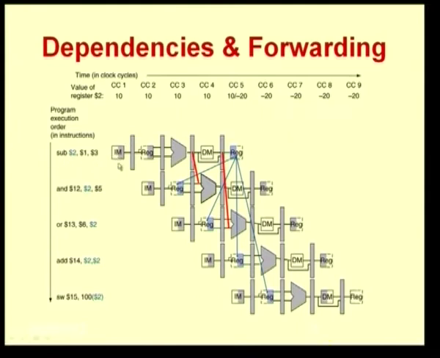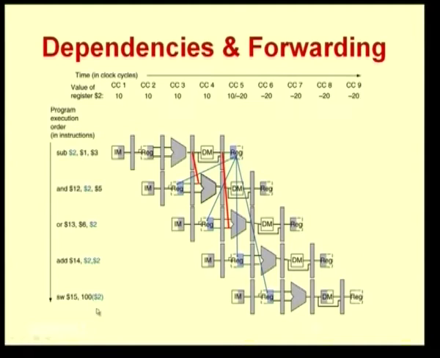So, the sub instruction will be in the instruction fetch stage in clock cycle 1, go to ID in clock cycle 2, EXE stage in clock cycle 3, and then the mem stage in clock cycle 4, and in clock cycle 5 it will go into the register writing stage. Now, let us look at the other instructions here. The AND instruction is coming in clock cycle 2, the OR instruction will come in clock cycle 3, the add will come in clock cycle 4, and the store will come in clock cycle 5.